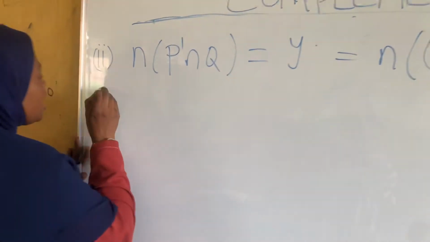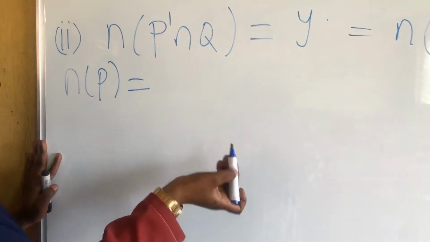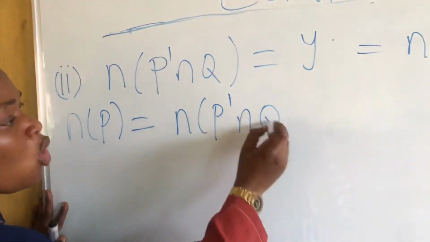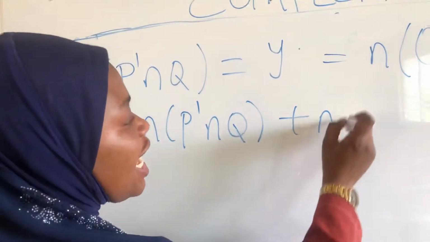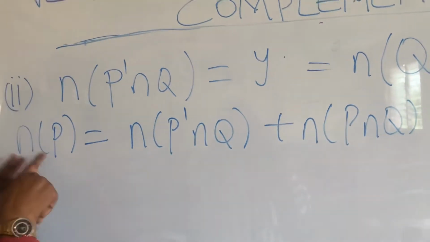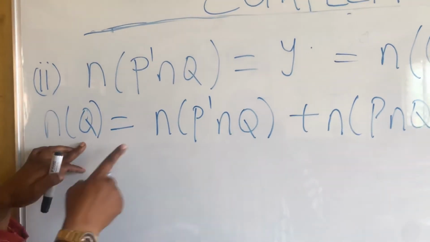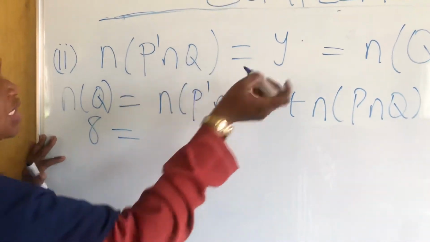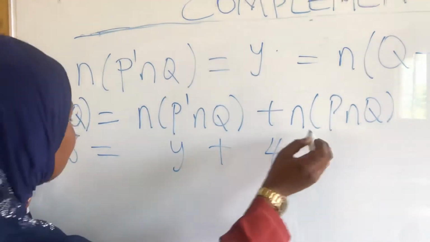Everything that belongs to Q is the same thing as those that belong to Q only, that do not have anything to do with P, plus their intersection. Those that belong to Q are 8, here we represented it with Y, and plus 4 is their intersection.